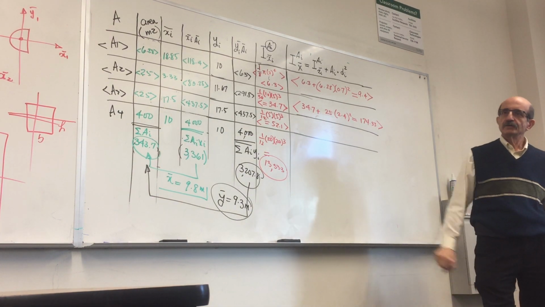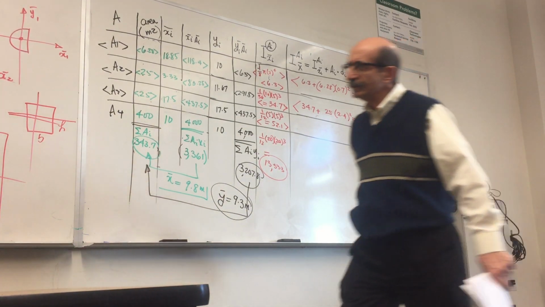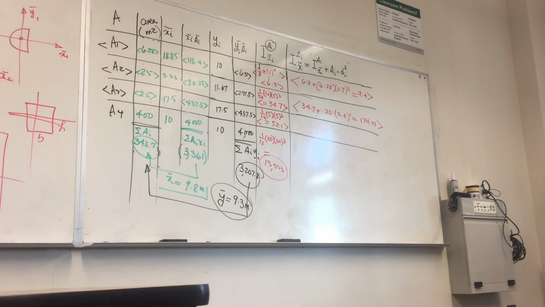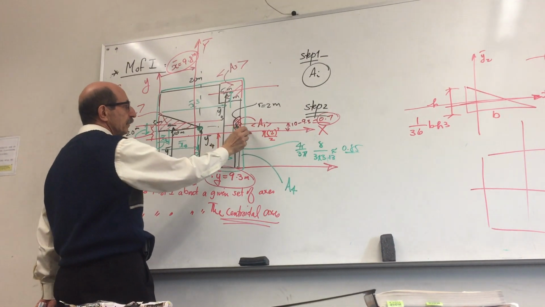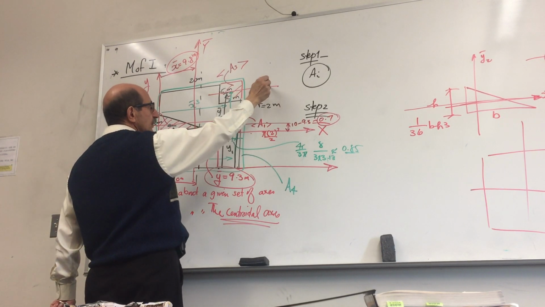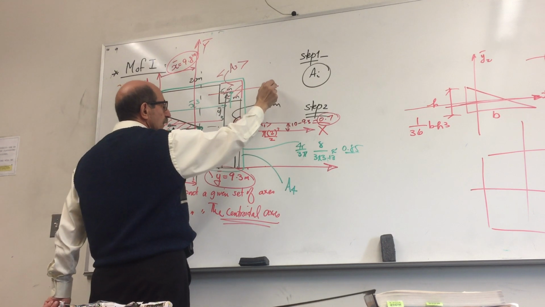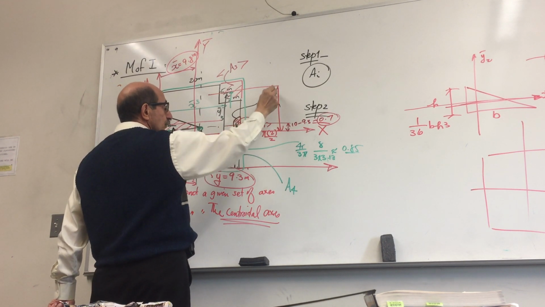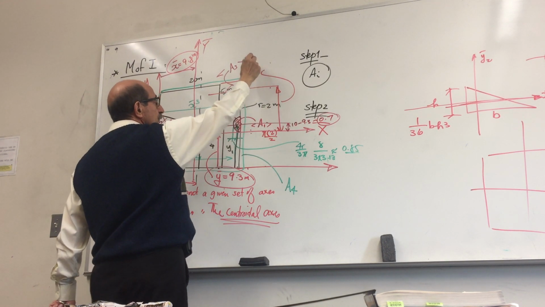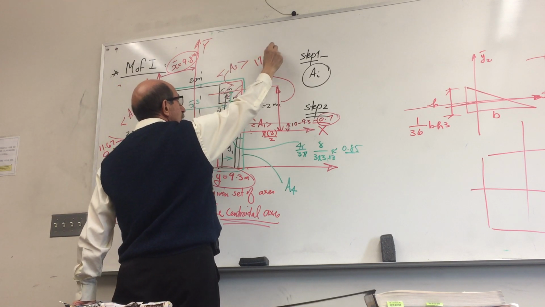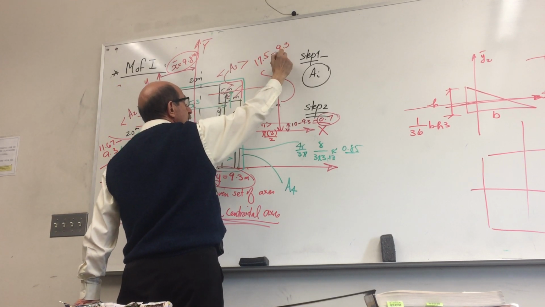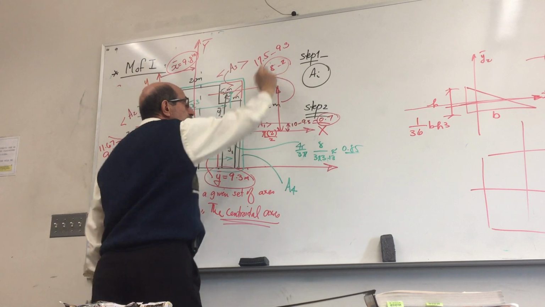Okay, you're going to the next one. You have the moment of inertia of this shape about its centroidal axis, but you want that about this axis. This was 17.5, this is 9.3, so this distance, which is what you need, is 17.5 minus 9.3, or 8.2.